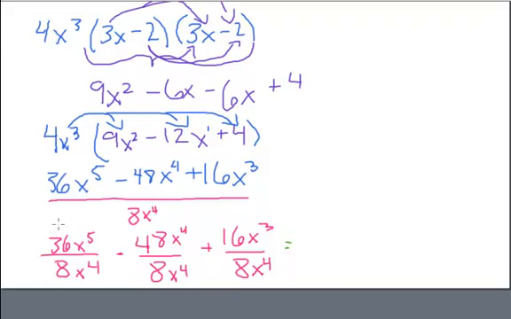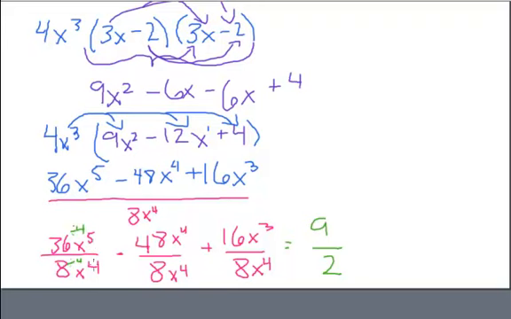So the numerical coefficient first, 36 divided by 8. It doesn't divide nicely, but I could reduce it by dividing both the bottom and the top by its lowest common factor, which is 4. Sorry, greatest common factor, which is 4. 36 divided by 4 is going to give me 9. 8 divided by 4 is going to give me 2.